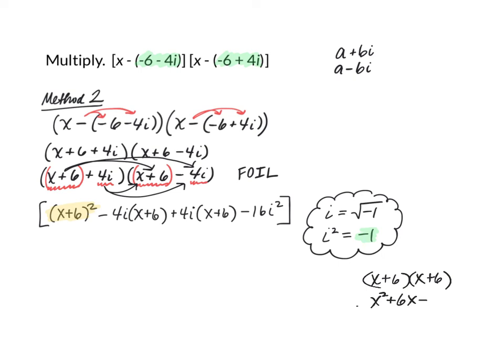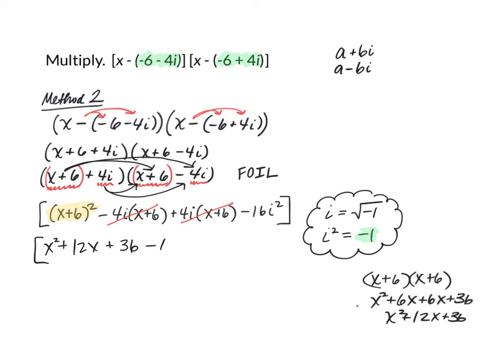This is x squared plus 6x plus 6x plus 36, which will be x squared plus 12x plus 36. So we will have that x squared plus 12x plus 36. And then you'll notice that this second term, this negative 4i times x plus 6, is going to subtract out with the positive 4i times x plus 6, which is nice.